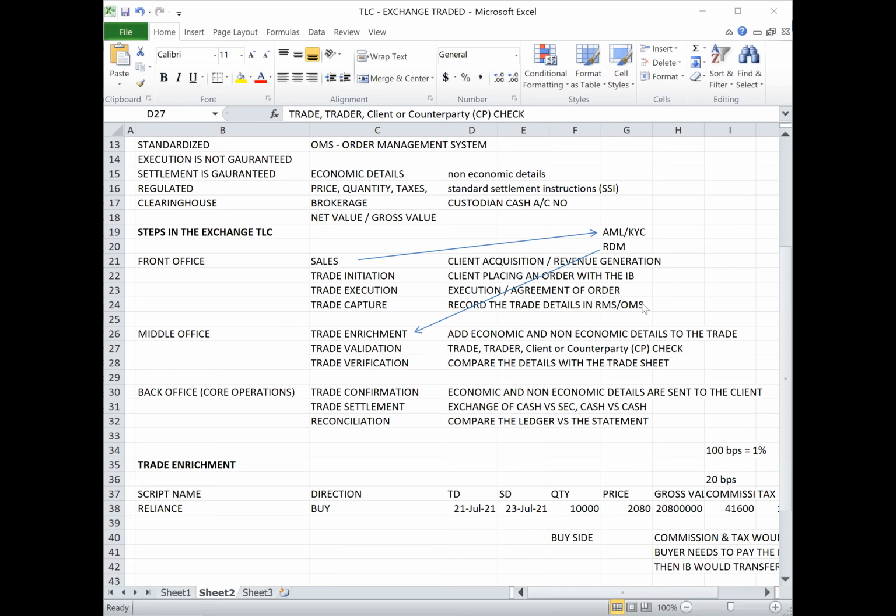So they will just double check whether all the details are matching or not. That is known as trade check. Okay. Are we clear with what is trade check, guys? Yes. Okay. Next, you have the trader check. Who is the trader? Who is the trader?